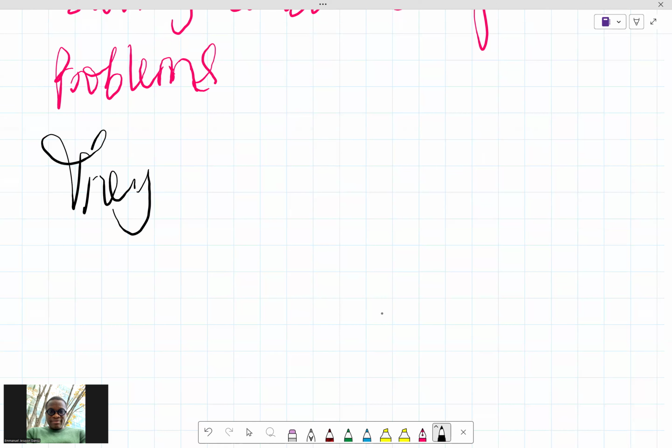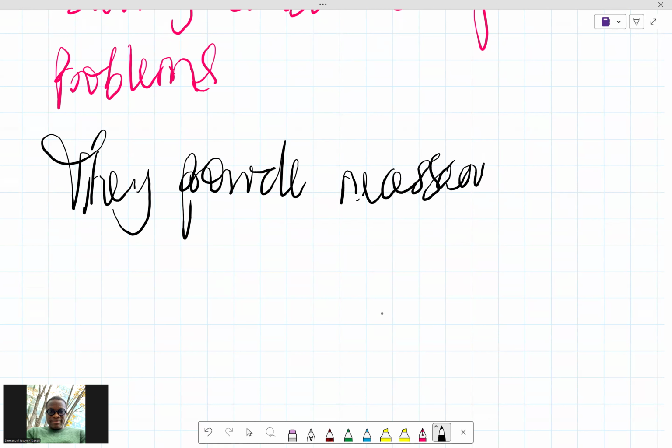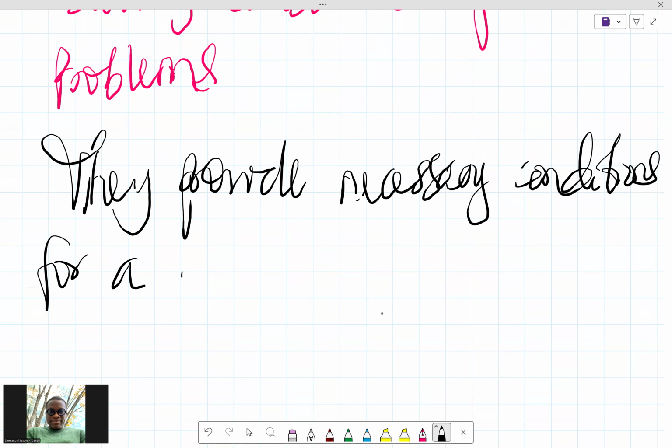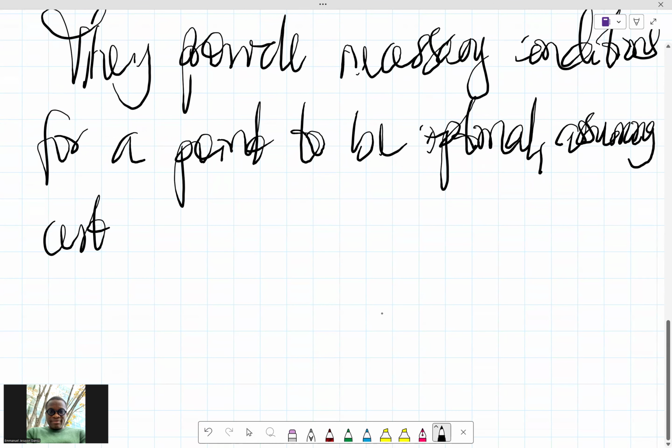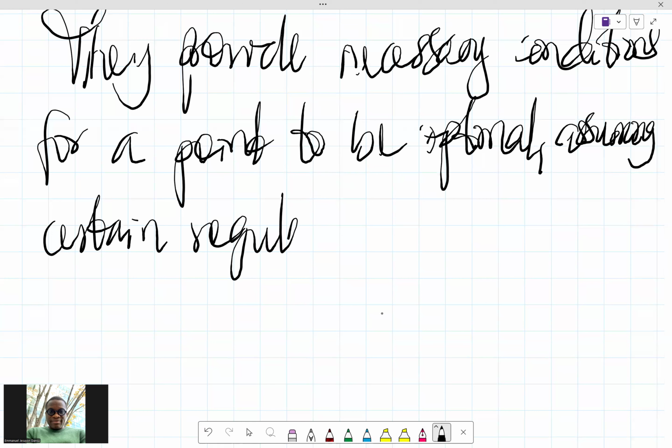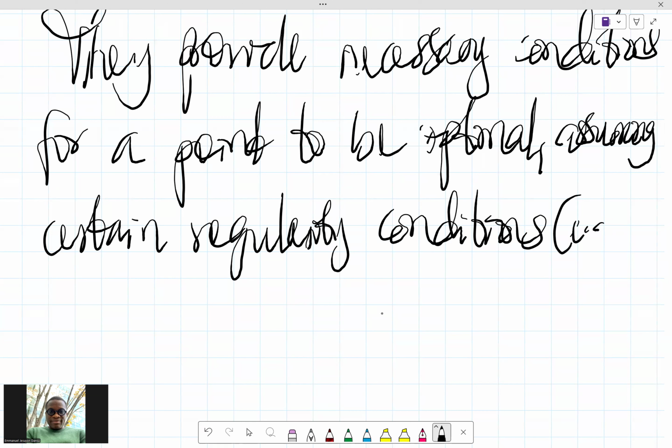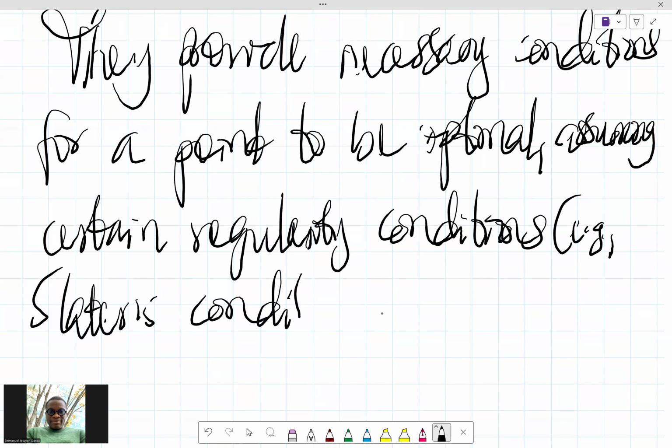They provide necessary conditions for a point to be optimal, assuming certain regularity conditions, e.g., what's known as Slater's condition for convex problems.